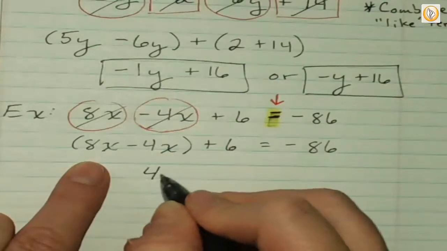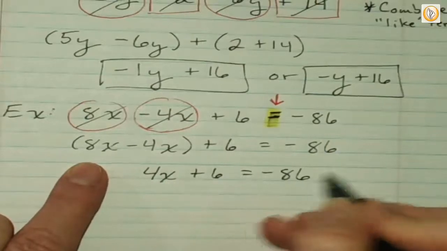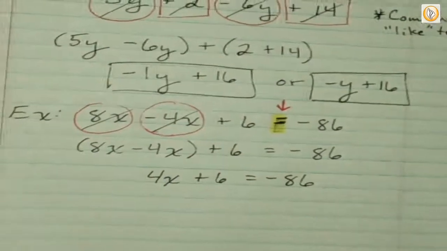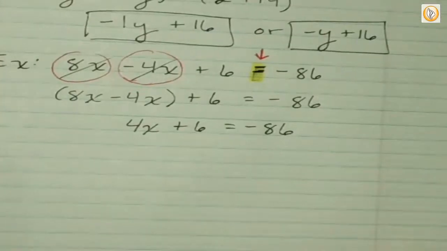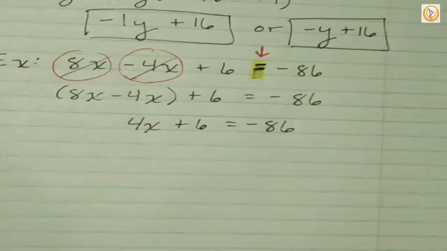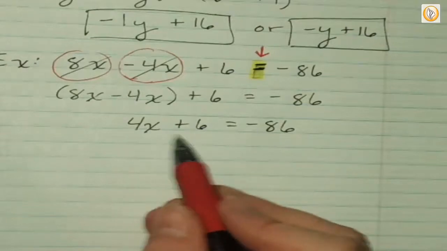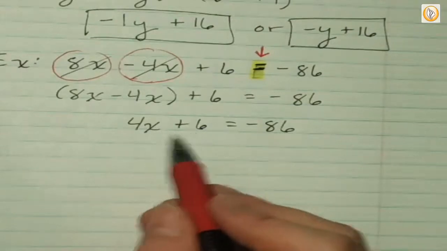That's right, positive 4x. Okay, now can I combine 4x and the 6? No, you're correct. These are not like terms.